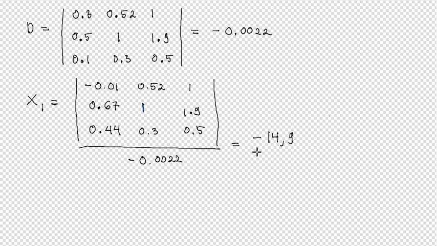Okay, so this is x1, the solution of x1, and you can do the same thing as I already explained in Cramer's rule. You can find x2 also, which should be minus 29.5, and you can try to find your x3 by yourself.